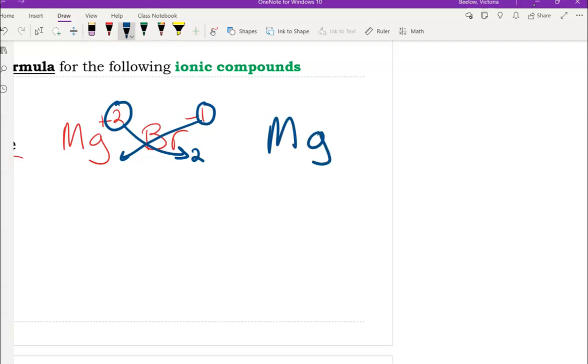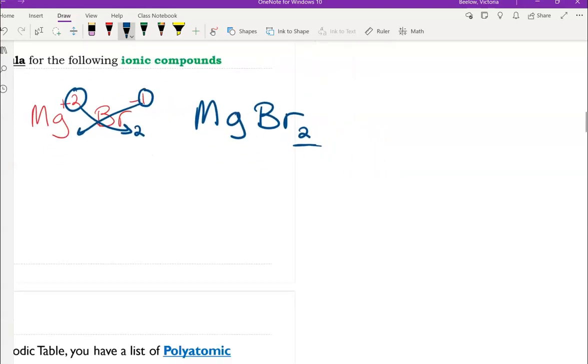So we would just leave this as Mg. We don't write the 1, you don't need to do that. And then we have Br, which will have a 2 here. Again, I don't really care about the charge necessarily. I just care about the number.